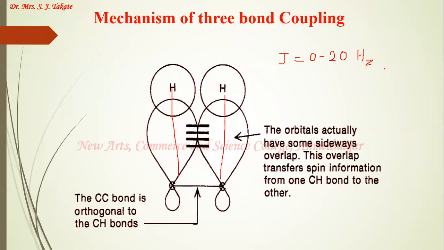This means that as the distance increases, the nuclear and electronic spins interact to a lesser extent, and therefore the coupling constant values are smaller. So this is the mechanism of the spin-spin coupling.